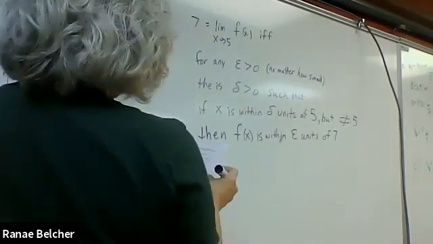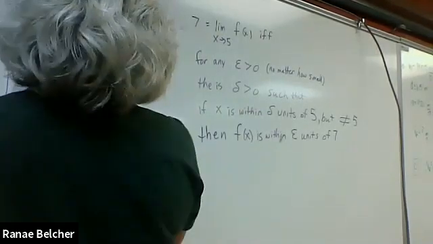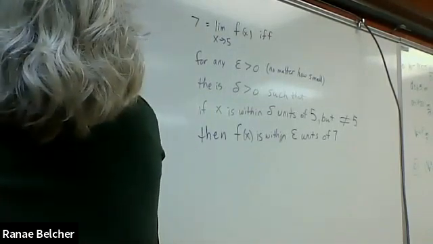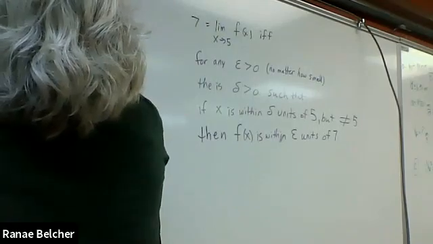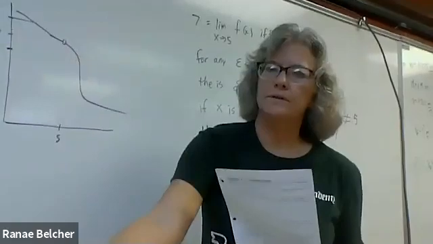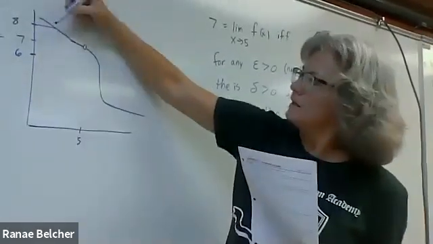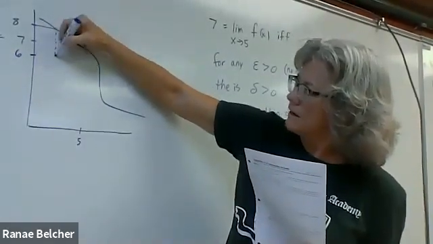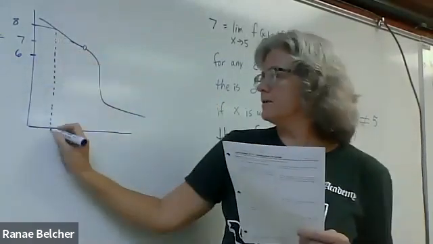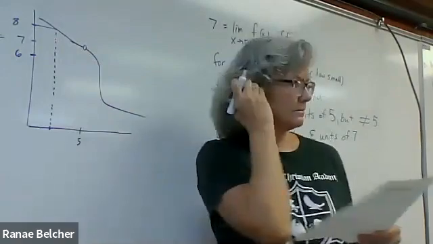They want us to go to the left side. So go up to the 8 and draw a line over to your function, and then draw a line straight down. You might want to use your ruler and see where that ends up.